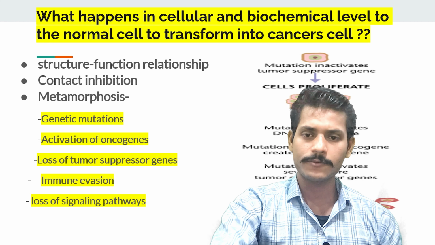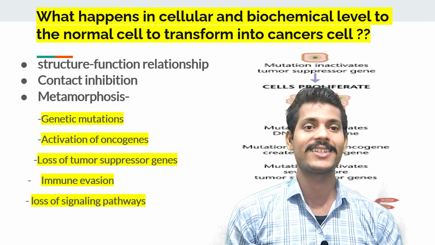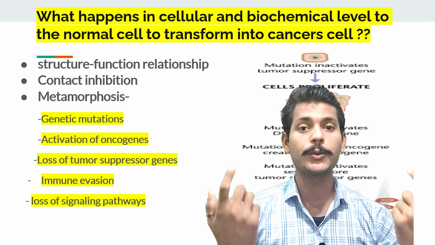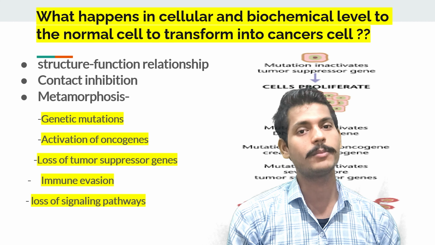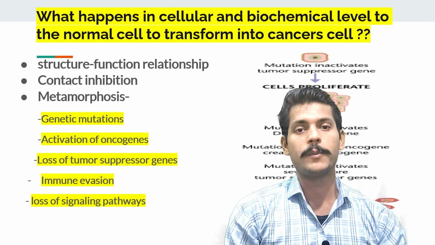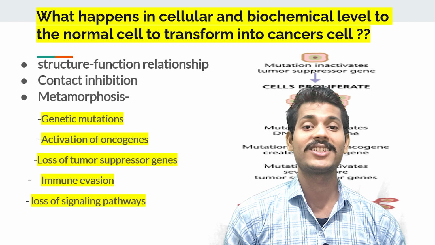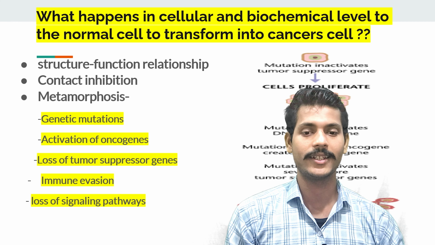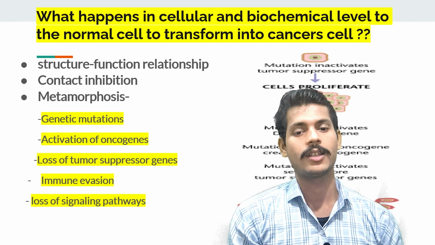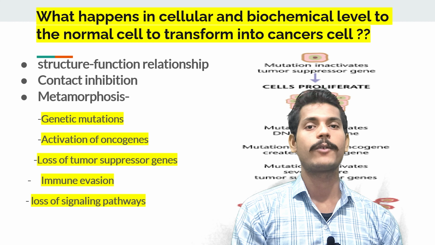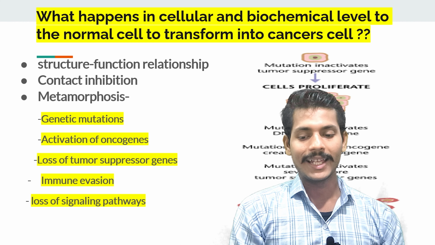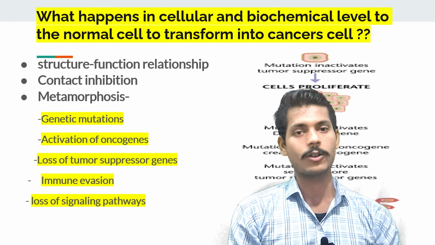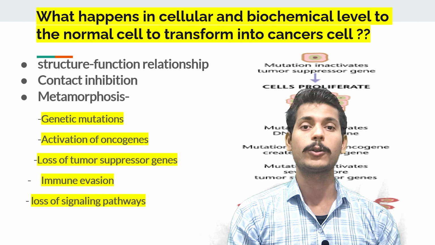Apart from these broader changes, there are certain subtle, minute changes, and that is the genetic mutation. Mutation means changes in our genetic machinery, changes in the DNA. Another one is the activation of oncogenes. We have various types of genes in our body, and one type is called the proto-oncogene.